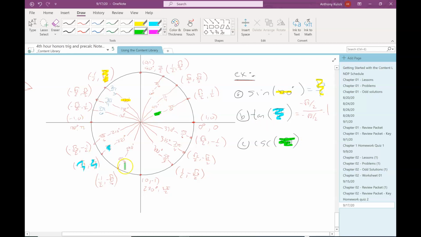So I'm just going to have 1 over y, which is the same thing as 2. Okay with that? Do we see how to use this unit circle here?